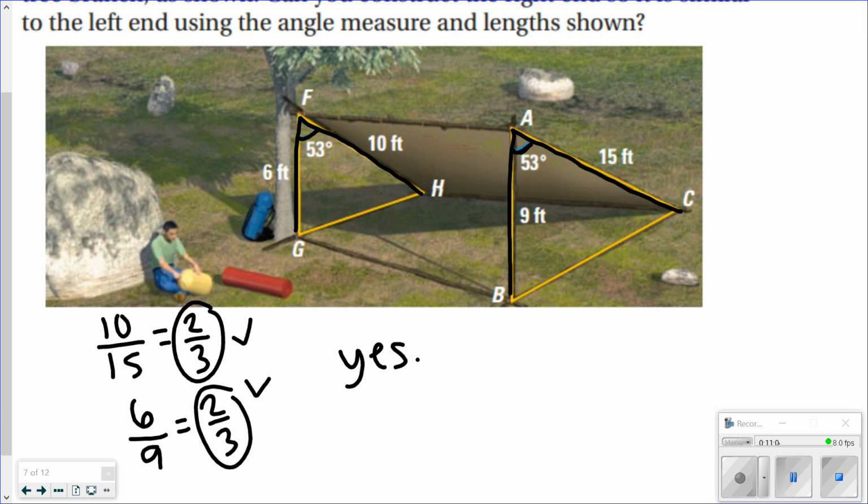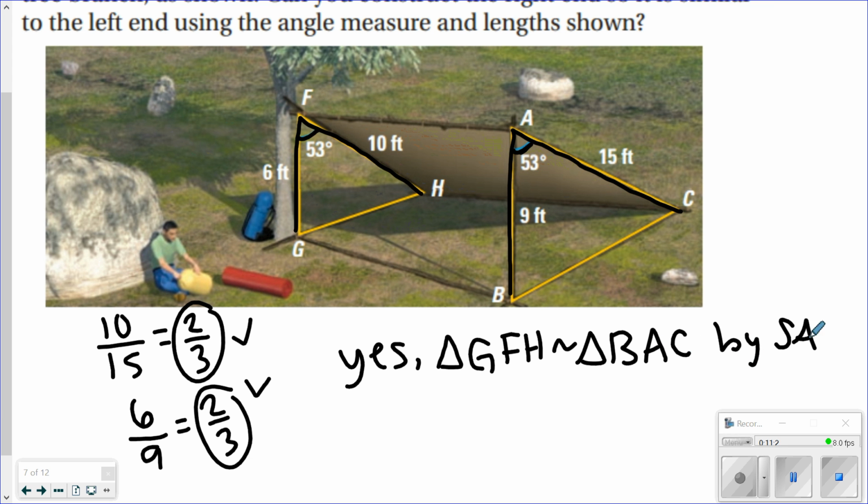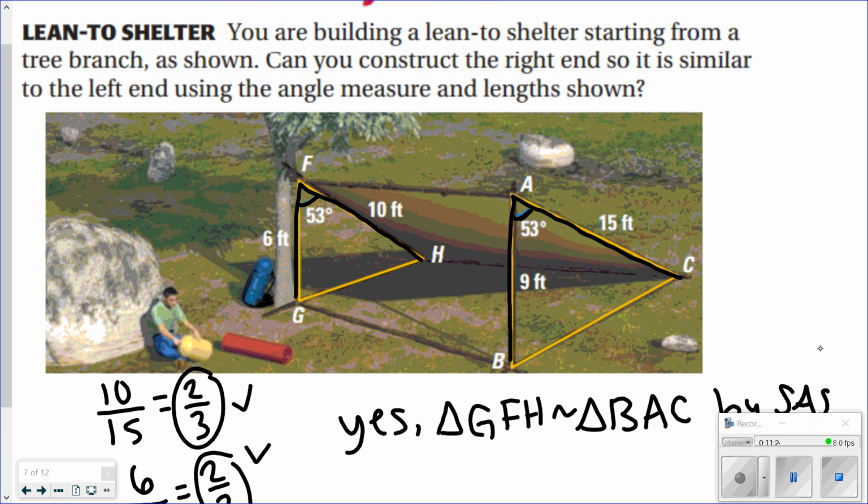So yes, triangle GFH is similar to triangle BAC by side angle side. So it asked us, can we construct a right end?